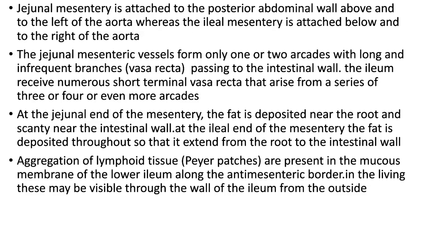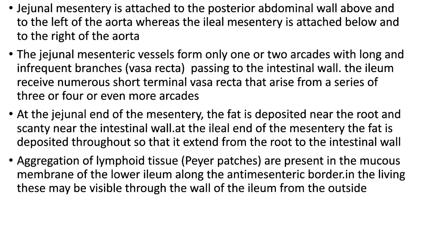At the jejunal end of the mesentery, the fat is deposited near the root and is scanty near the intestinal wall. At the ileal end of the mesentery, the fat is deposited throughout, so that it extends from the root to the intestinal wall. Aggregations of lymphoid tissue, called Peyer's patches, are present in the mucous membrane of the lower ileum along the antemesenteric border.